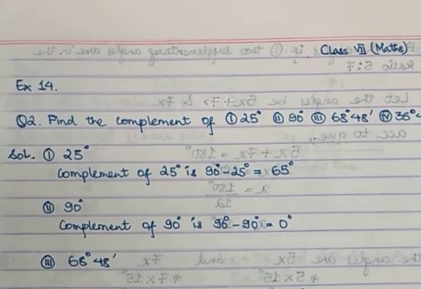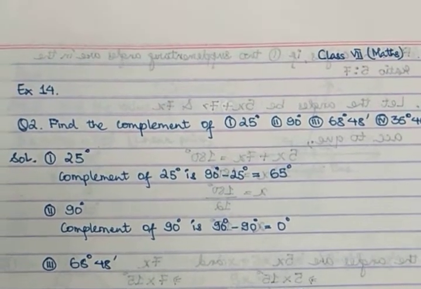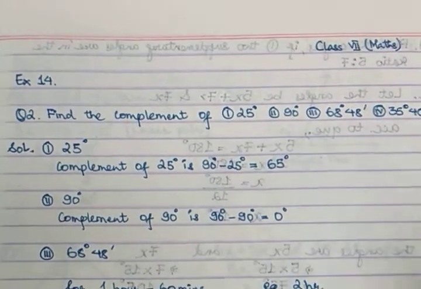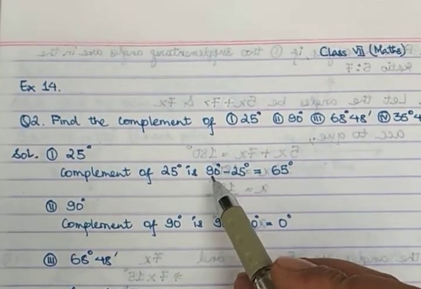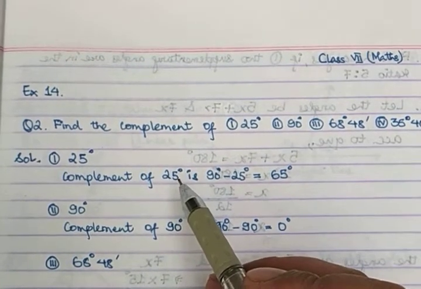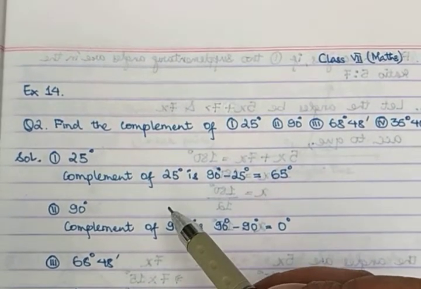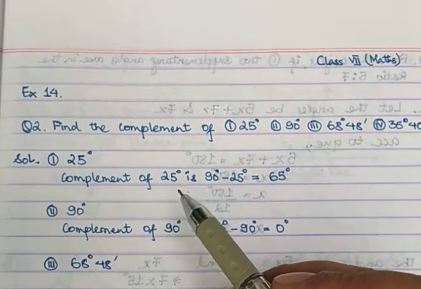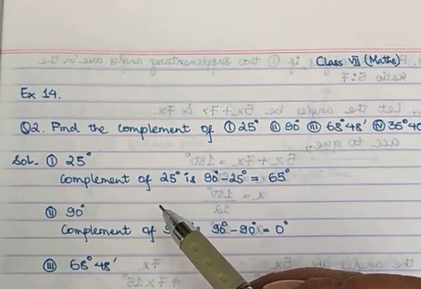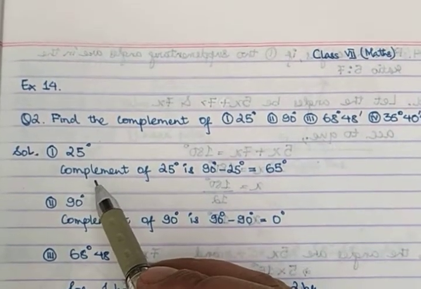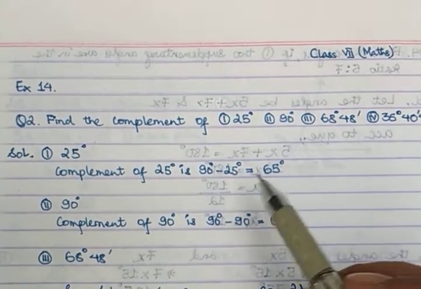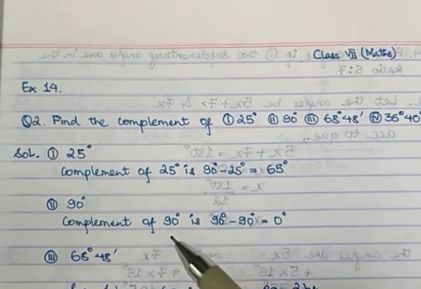So simple: complement of 25 is 90 minus 25, because when we add two angles and the sum comes as 90 degrees, those two angles are known as complements to one another. So the complement of 25 degrees is 90 degrees minus 25 degrees, that is 65 degrees.